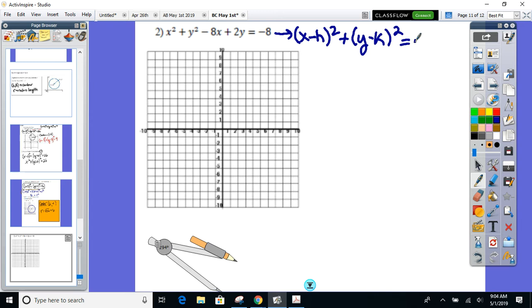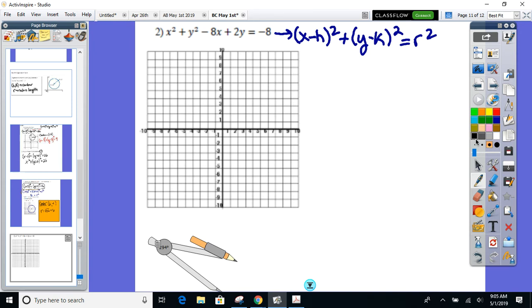It is an algebra concept from last year. It is okay if you totally forget that you even did it. Completing the square. We are going to complete the square to do this. Complete the square twice because you have x's and y's up there.